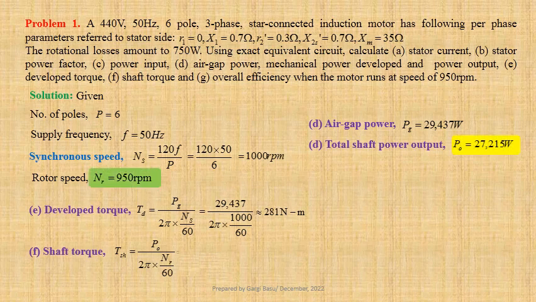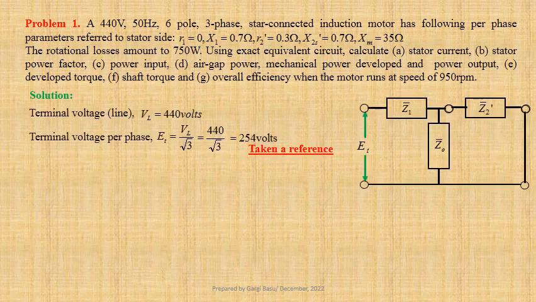Therefore, TSH equals 27,215 divided by 2 pi into 950 by 60, which is approximately equal to 273.56 Newton meter. Now we shall compute the equivalent rotor current I2 dash using Thevenin's theorem.